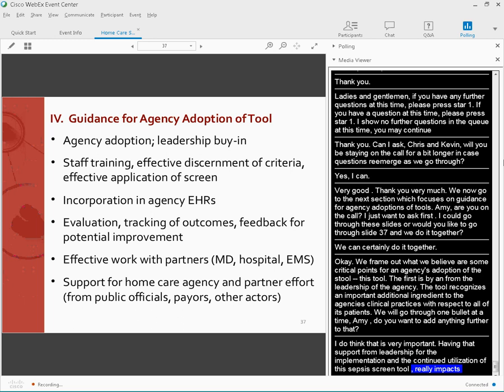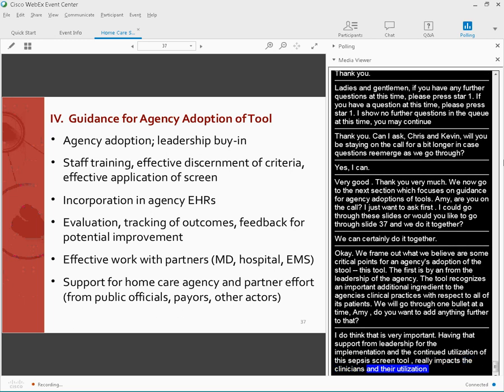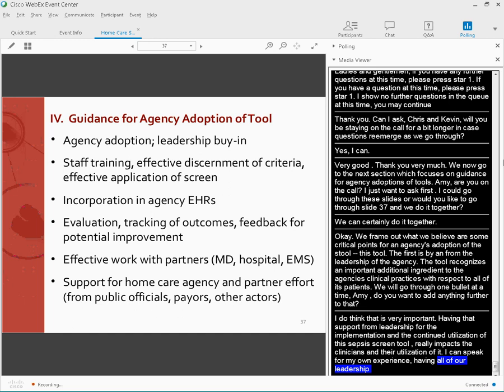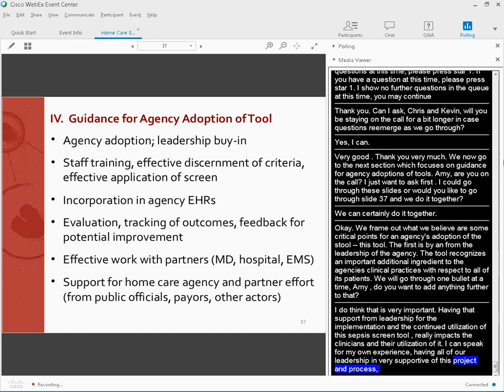I can speak from my own experience, having all of our leadership be very supportive of this project and process. We are currently utilizing it in a paper format, and the clinicians have really got hold of it and ran with it, so to speak. So I think that's a very important factor.